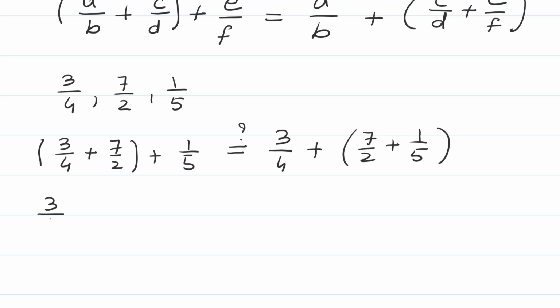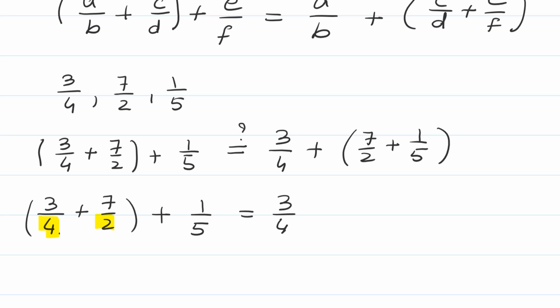So consider left hand side. Combination of 3 by 4 and 7 by 2 first. And then we'll combine 1 by 5 with it. So 3 by 4 and 7 by 2, LCM of 4 and 2 is 4.